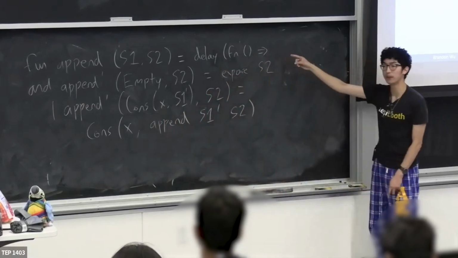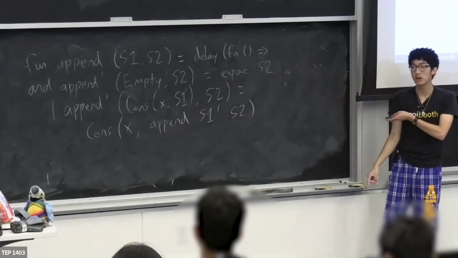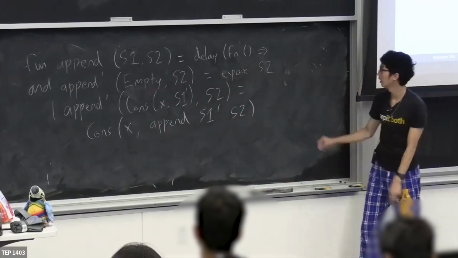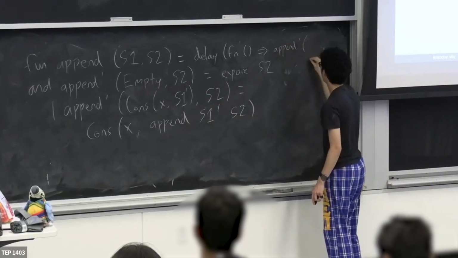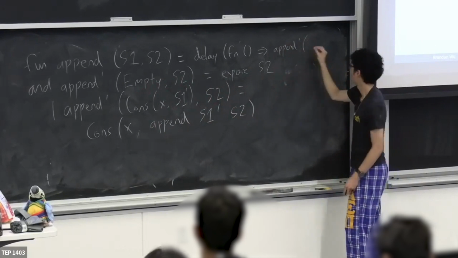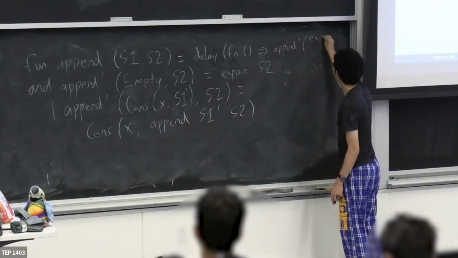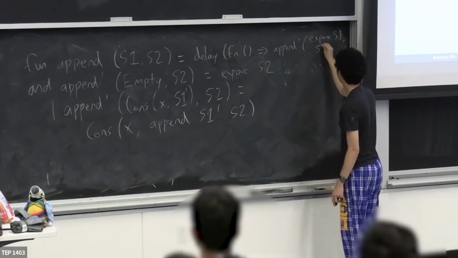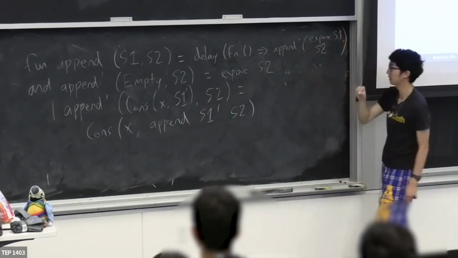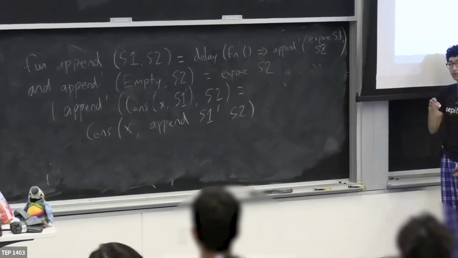And then here I only have one thing I can do, which is that I have to make the types match. So I have to give it a front and a stream. So we're going to do append prime, where to get a front, I expose S1. And I'm going to run out of room here, but I'm going to put them on top of each other, as all good computer scientists do. Sorry if you can't see that.